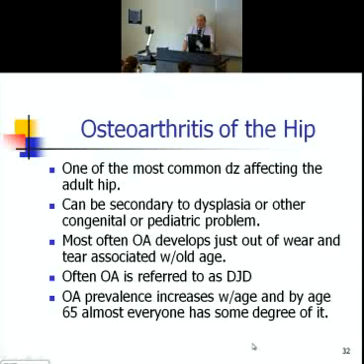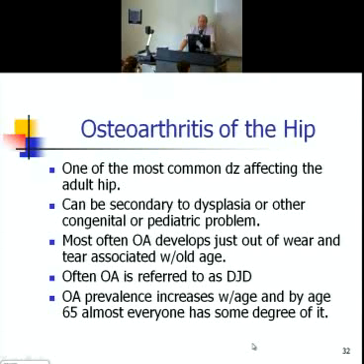Certainly if there's a previous injury, if a patient had a fracture of the tibial plateau and the alignment of their tibia and their femur is put just a little bit out of alignment, it could set the stage for them to develop wear and tear in the knee, excessive wear and tear, and eventually it wears out.